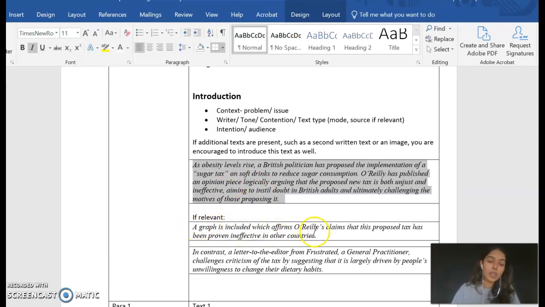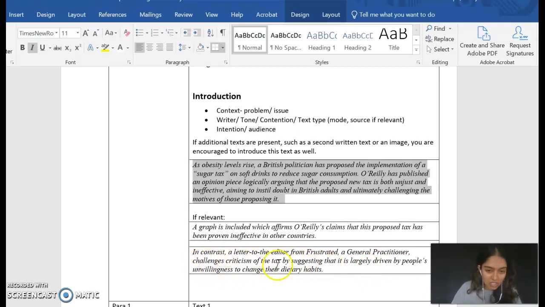If relevant, so we're going to have an image, so please introduce the image. If relevant, a graph is introduced which affirms O'Reilly's claims that this proposed tax has been proven ineffective. So that's its purpose. And then here's a secondary text. In contrast, a letter to the editor, that's the form, from Frustrated, a general practitioner, challenges criticism of the tax by suggesting that it's largely driven by people's unwillingness to change their dietary habits.